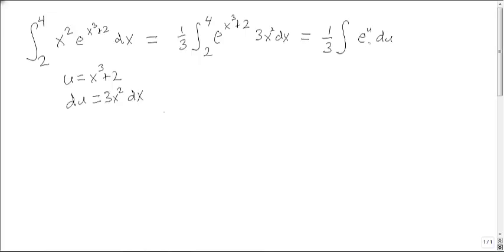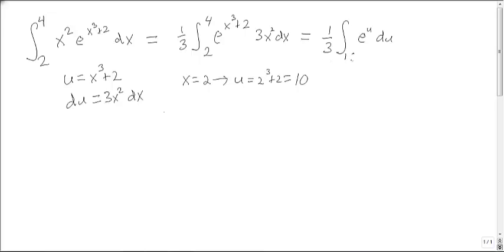This is an integral that I can do, but I've got a little bit of trouble with the bounds here. There's multiple ways to deal with the bounds. In this case, what I'm going to do is take this 2 and 4, which are really x values, and convert them to u values. So this 2 means x equals 2. Well, what's u when x is 2? u is x cubed plus 2, so that's 2 cubed plus 2, which is 8 plus 2, that's 10.